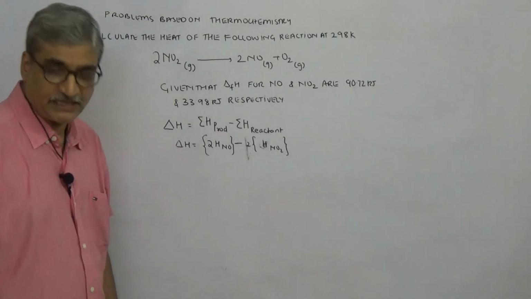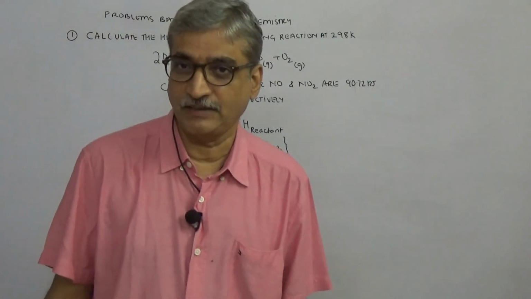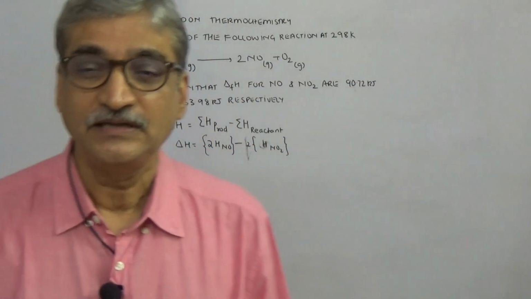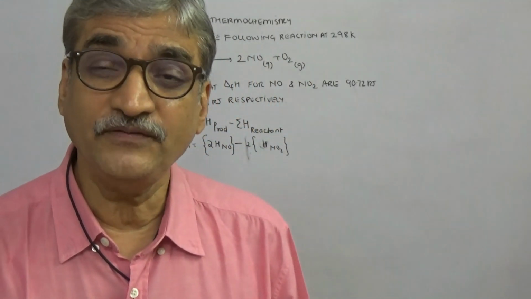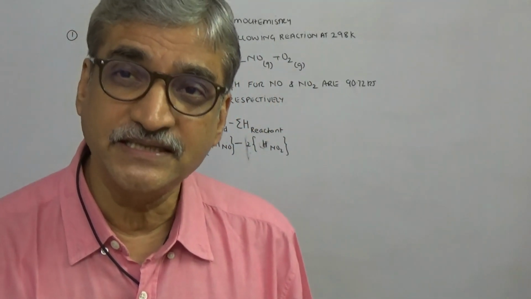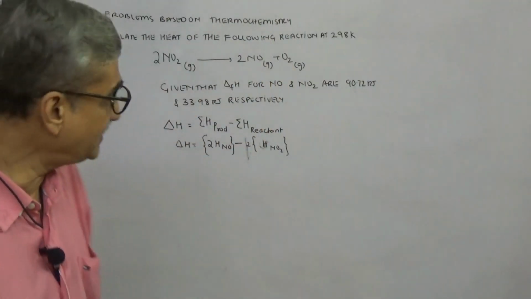But what is the enthalpy of any compound? Enthalpy of element is taken as 0. But what will be the enthalpy of any compound? Enthalpy of any compound is its heat of formation.